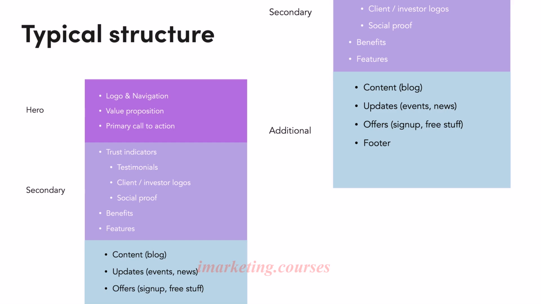And then we'll use the additional sections in the homepage to show what is new. So either new content from something like a blog, or if we have any updates, news, or any kind of new offers that we have, if we want them to sign up for a list or give them something for free in exchange for their email, we will do that in those sections, and we'll always end up with a footer.